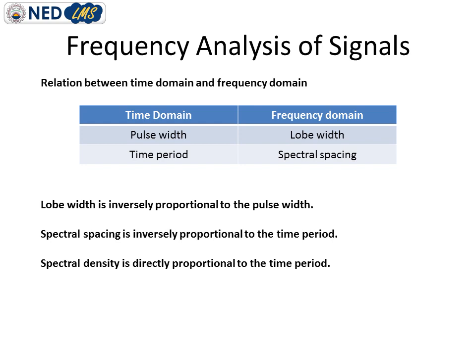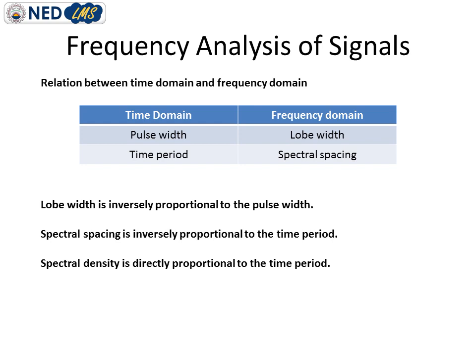If we increase the time period of our rectangular pulse train, then the spectral spacing will decrease, which means the distance between two consecutive lines in the lobe is decreasing.